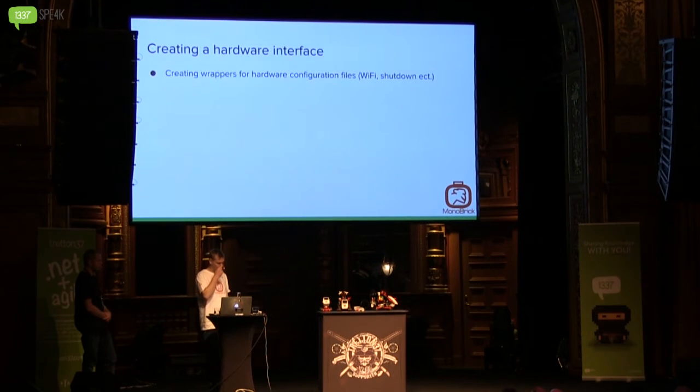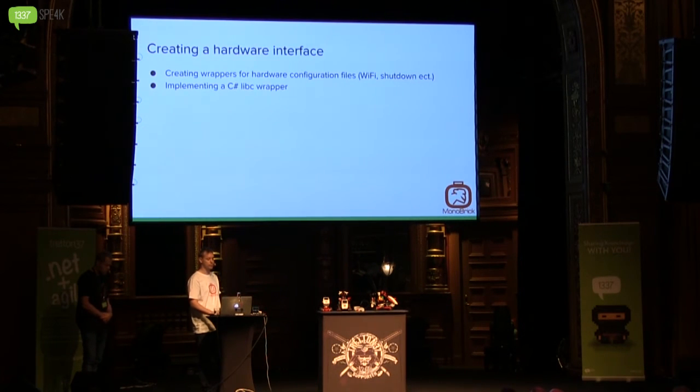We started out by creating some wrappers for hardware configuration files, like configuring Wi-Fi connections, shutting down the operating system, and stuff like that. We then did an implementation of a C# wrapper for the libc library, the C library that comes with the Linux distribution.